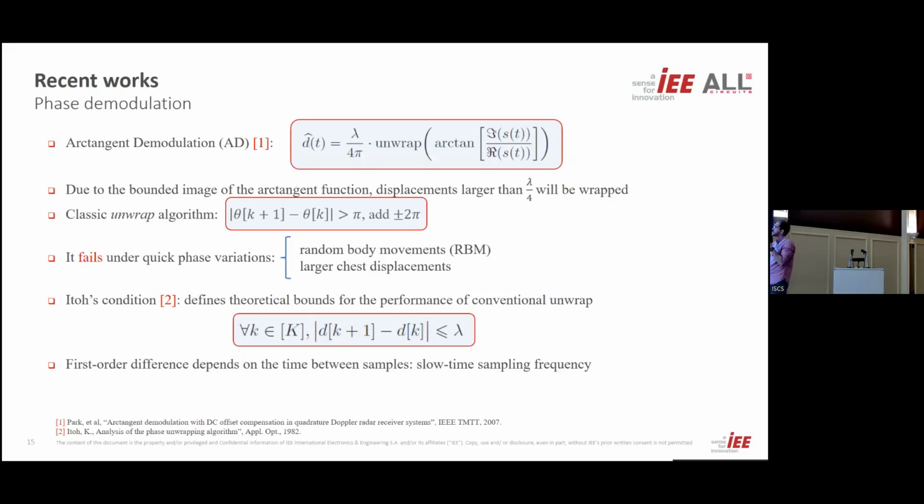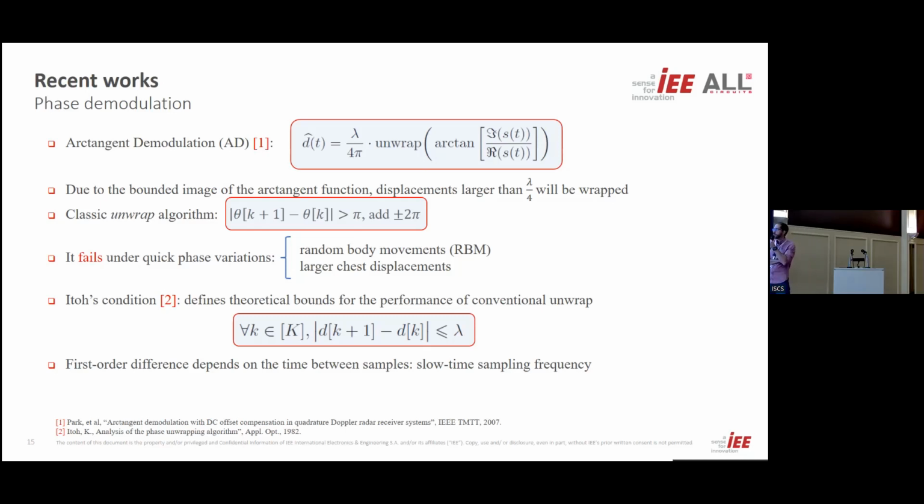The state of the art is using what is called arctangent demodulation. We just try to extract the phase by applying an arctangent operation. However, this requires an unwrap operation before, and due to the bounded range, when displacements are larger, you have these wraps, and you need to unfold this information.